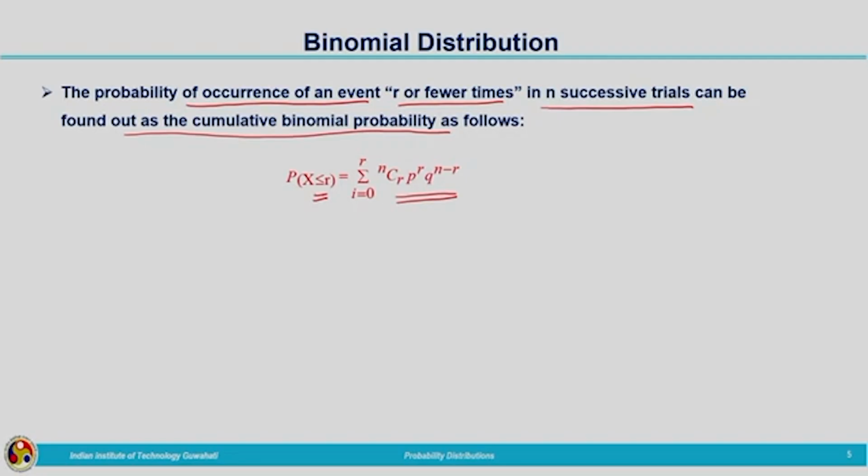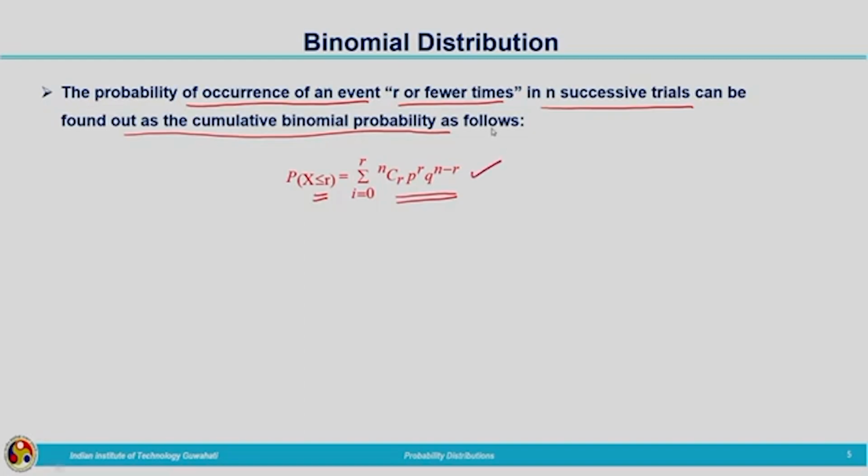We are calculating the summation of the probability mass function. That is, this binomial distribution is corresponding to discrete random variable. In that case, we will be calling the relationship by means of probability mass function. Cumulative of that will be giving you the cumulative distribution function. That is given by this expression.